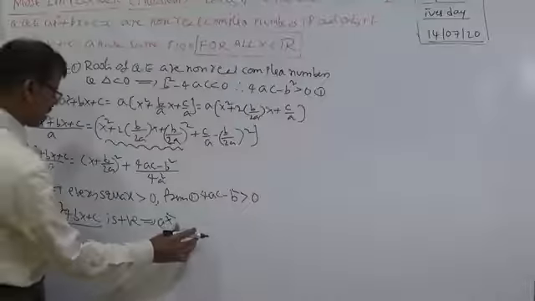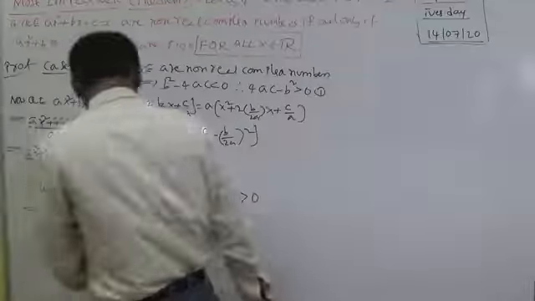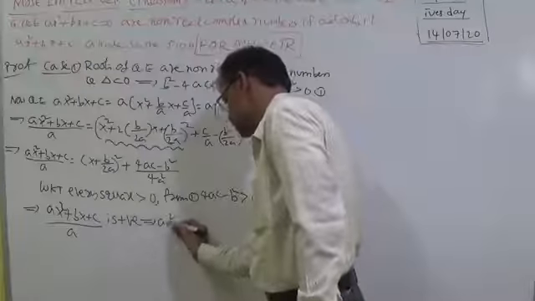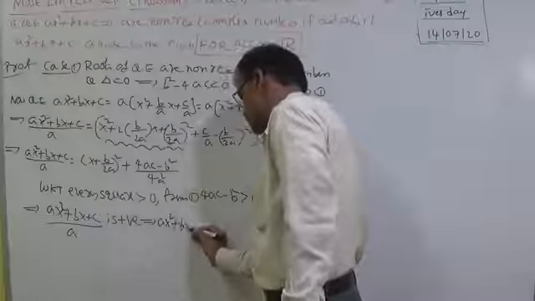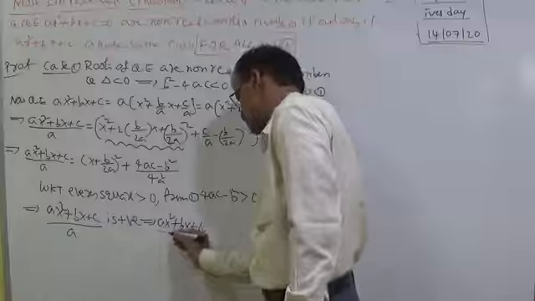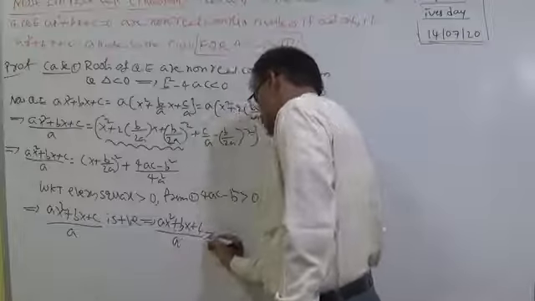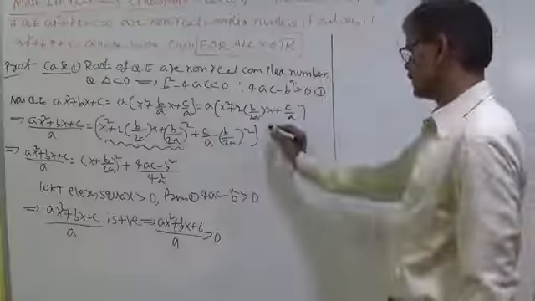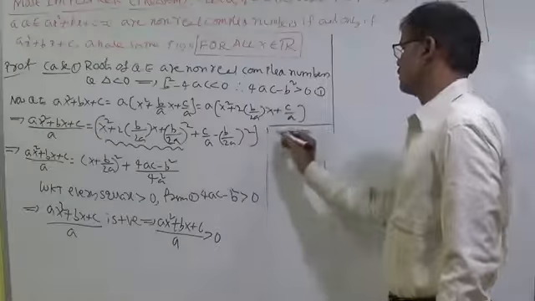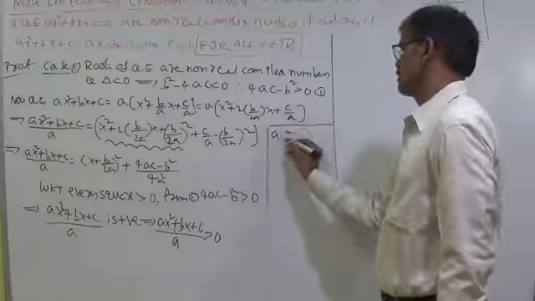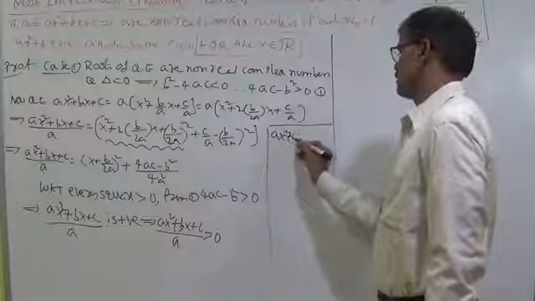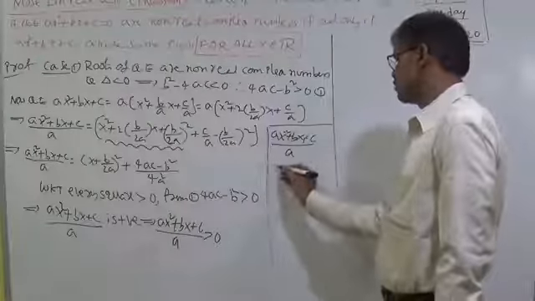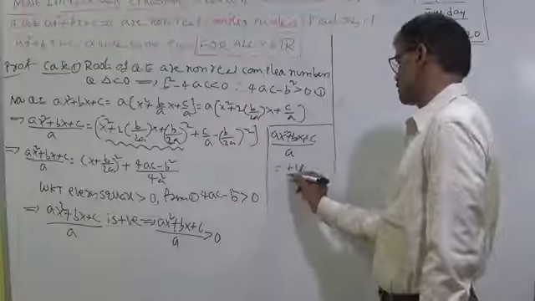Now you can understand ax square plus bx plus c by a greater than 0. Simply, I am writing greater than 0. So ax square plus bx plus c by a is positive by positive.